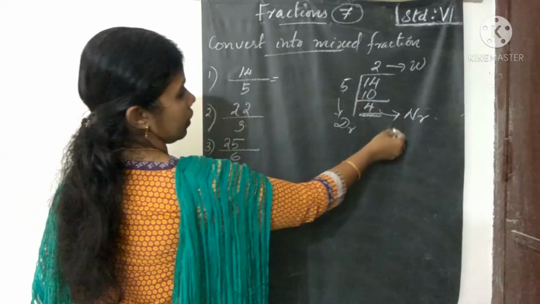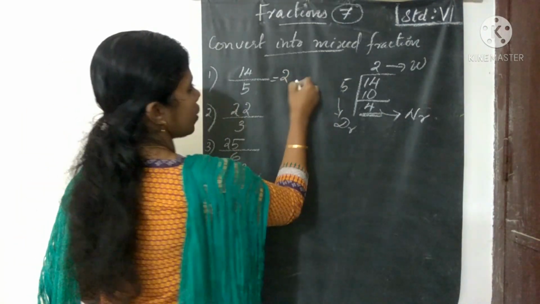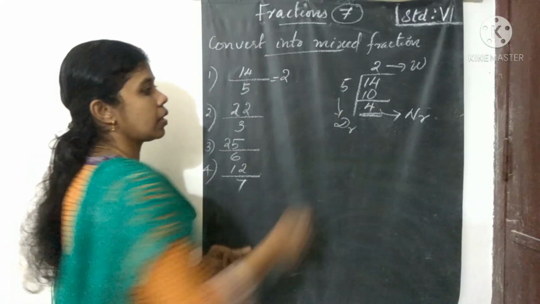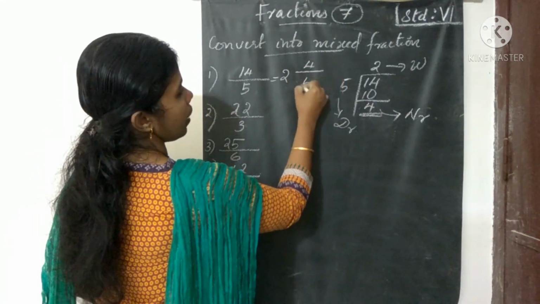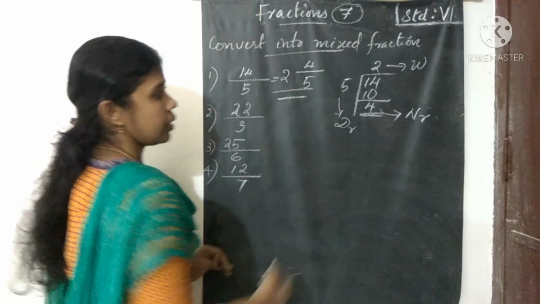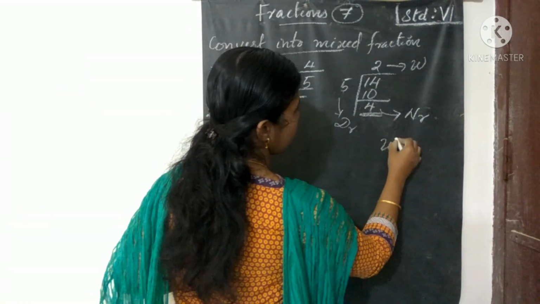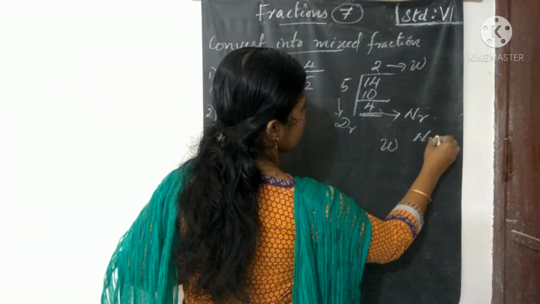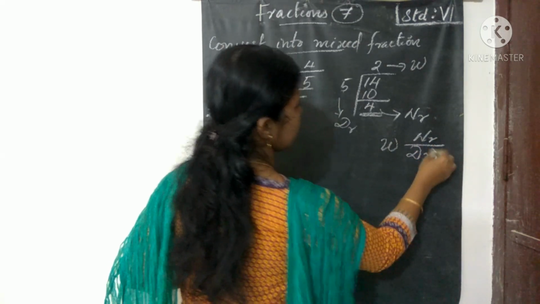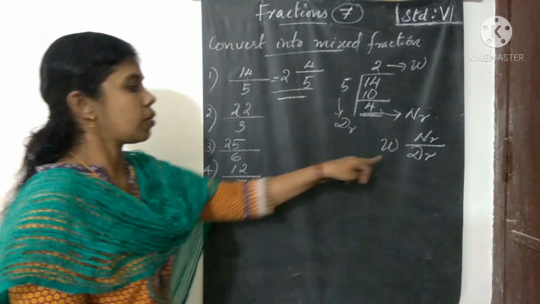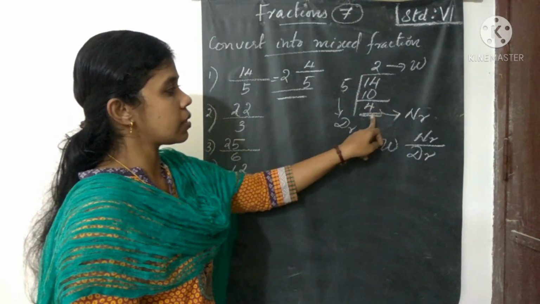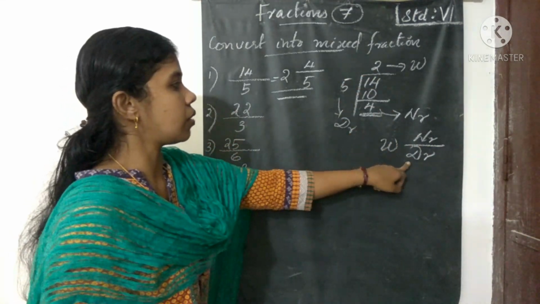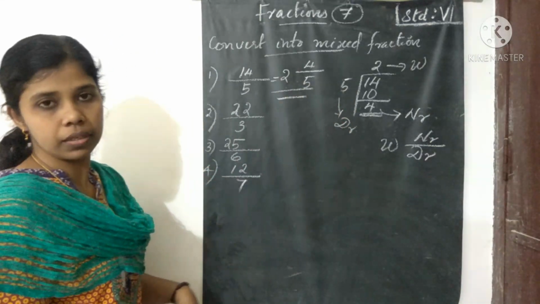So we write first the whole number part, 2 and 4 by 5. Here we have whole number part, numerator, denominator. The whole number part is the quotient, the numerator is the remainder, and the denominator is the same denominator.